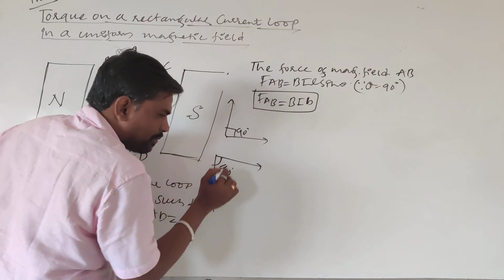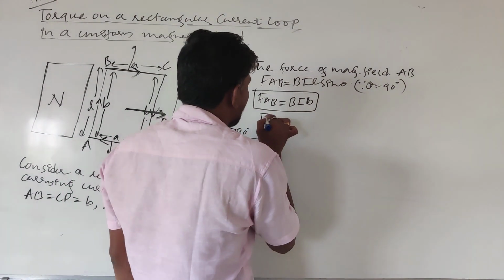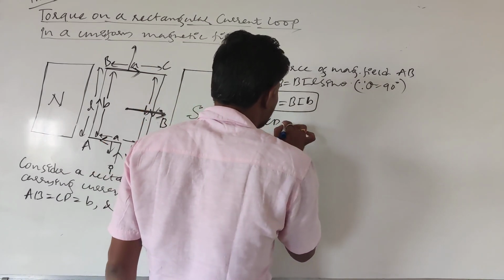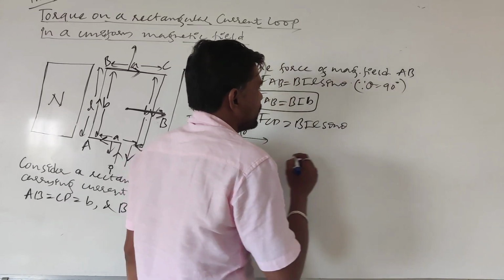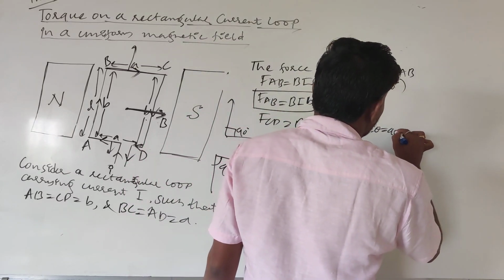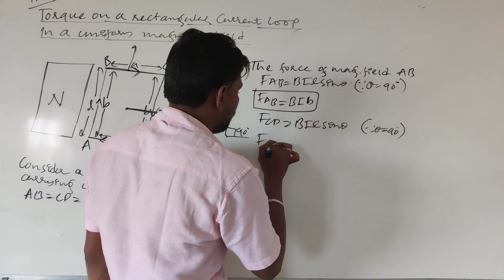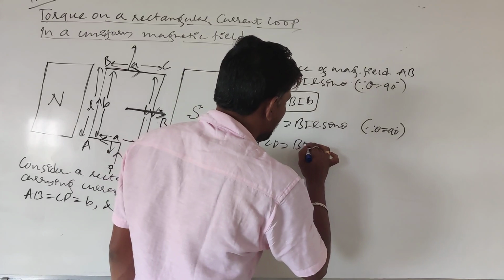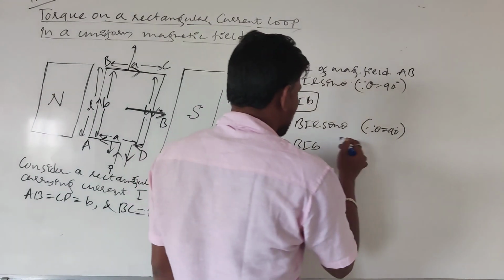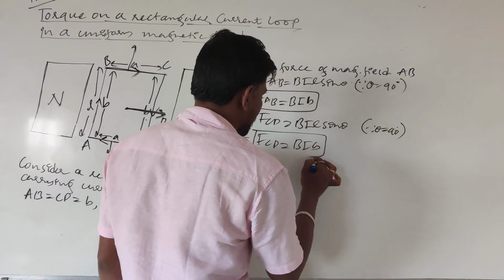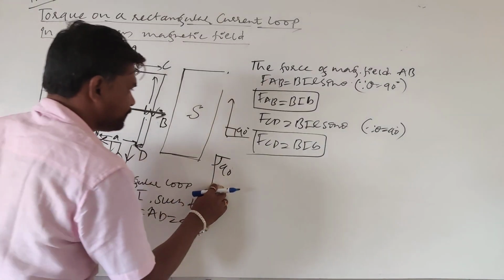So once again the angle theta is equal to 90 degrees. So once again I write F CD is equal to B I L sin theta, where theta is 90 degrees. So F CD is equal to B I b, since our length here is also b. Sin 90 is equal to 1.